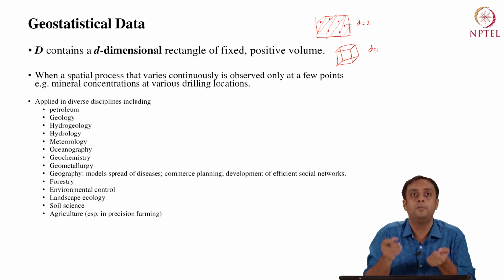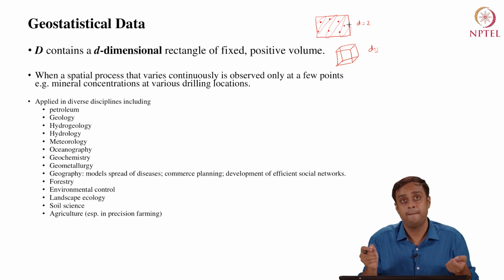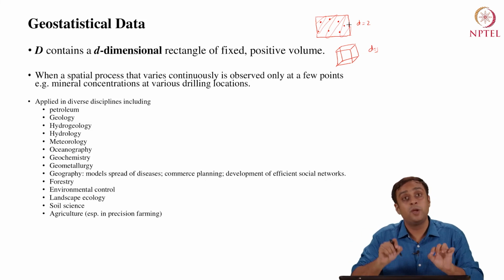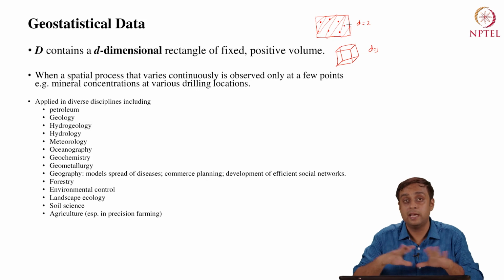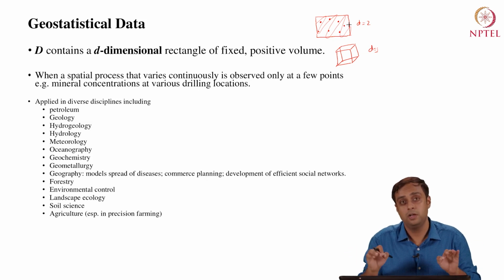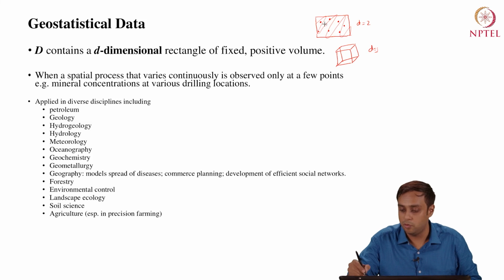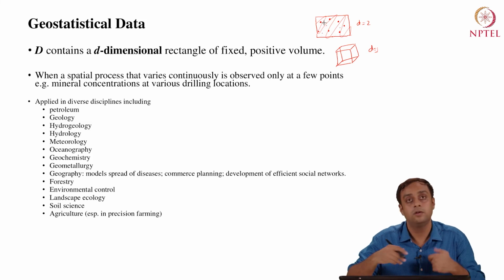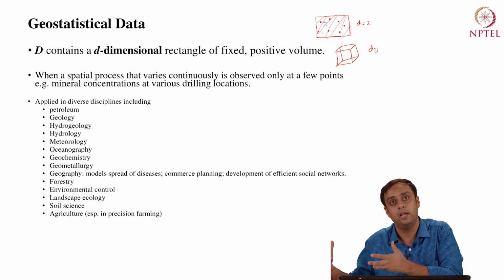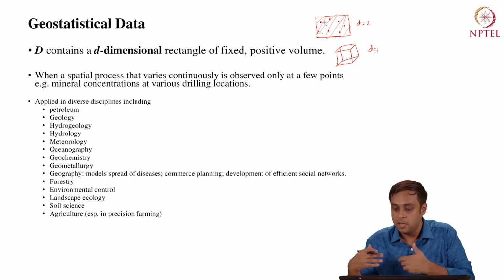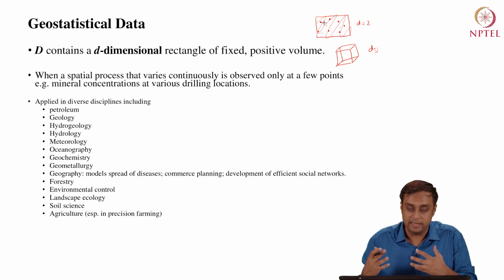Practically I can only probe certain locations in D. Although I am probing only certain locations, there are possible observations at every location in D. So you have infinitely many points in D where you can find the quantity or quality of oil that is available. That is what is called a geostatistical data set.